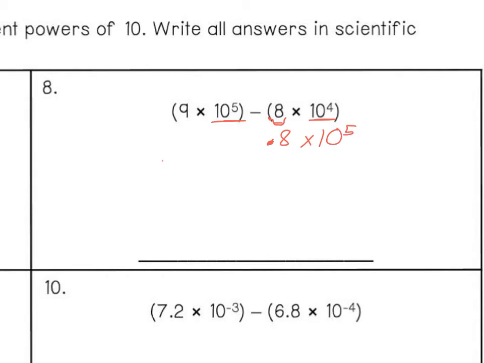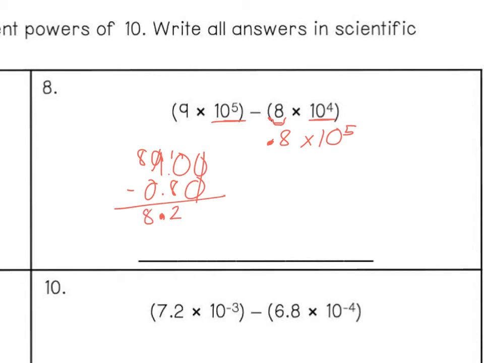So now we have 9 times 10 to the 5th power minus 0.8. Actually, I'm going to erase this part. Make this 10. Take from here. We have 10 minus 8, which is 0.2. 8 minus 0.